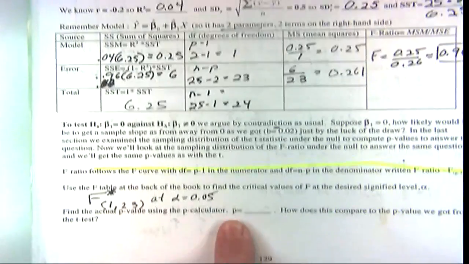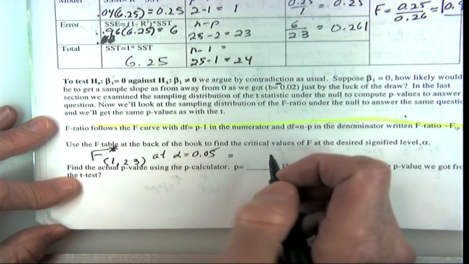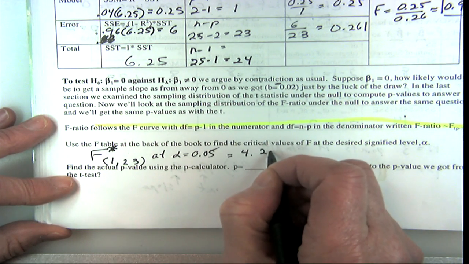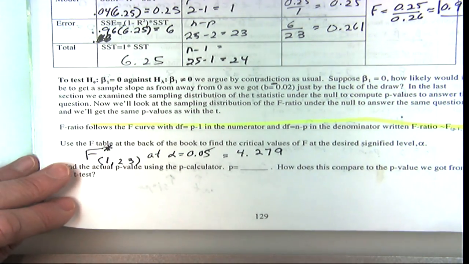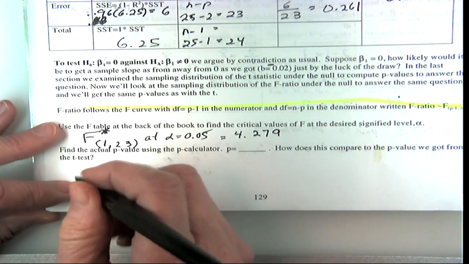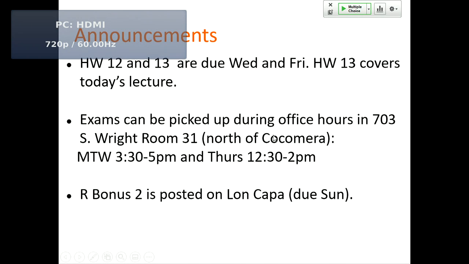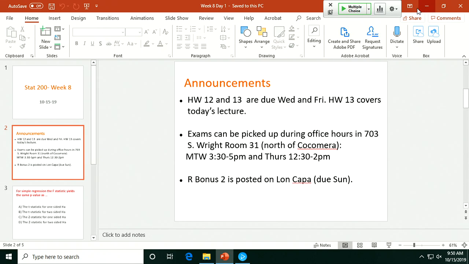Let's get the actual p-value on the p-value calculator. Let's just write this down first so we don't forget it. We got 4.279. So what's our actual p-value? So right now, let's look at what the curve looks like. So we'll go over to our p-value calculator here.